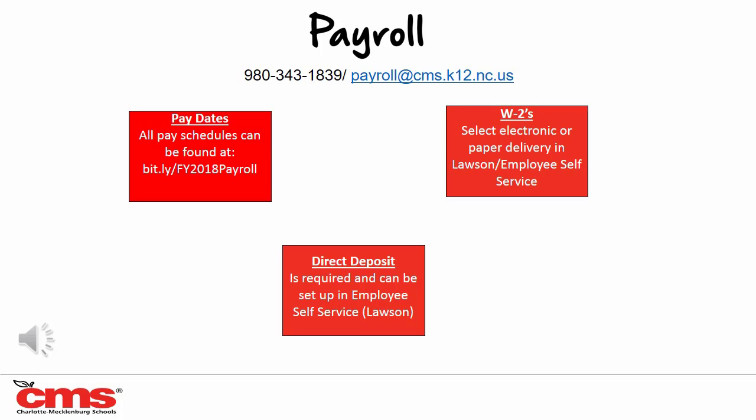A reminder is usually sent out in November or December of every year for all those who are not signed up for electronic distribution. If you choose your W-2s to be distributed electronically, they are available prior to paper mailings, they are stored in the system, and they are available for print on demand.